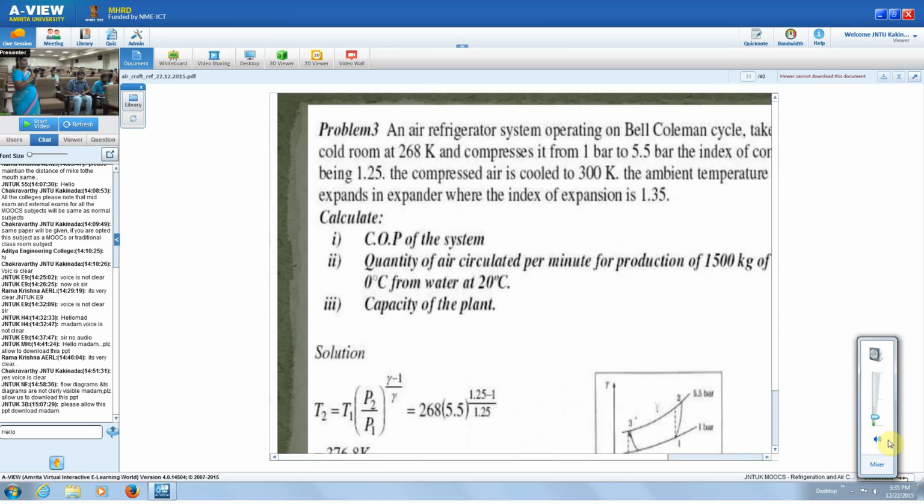The index of compression is 1.25. The polytropic index is given as 1.25.